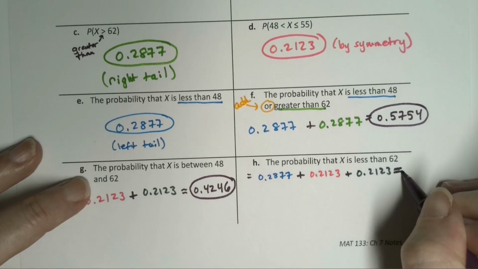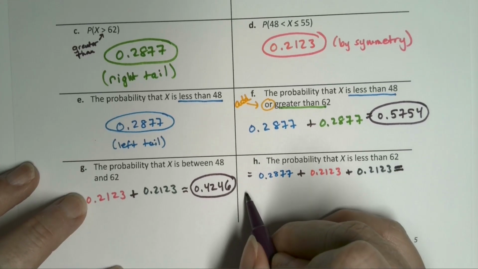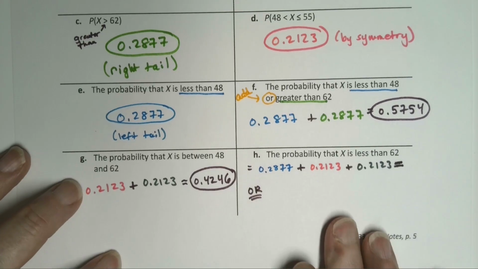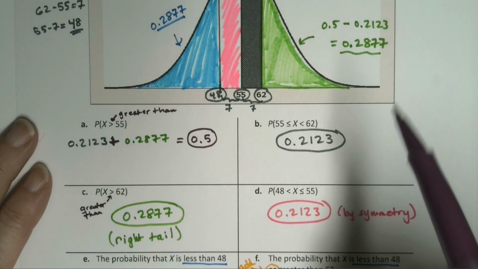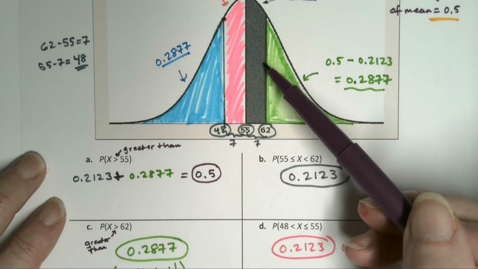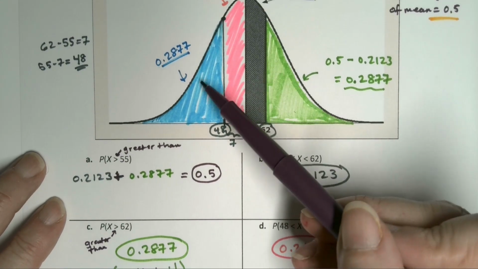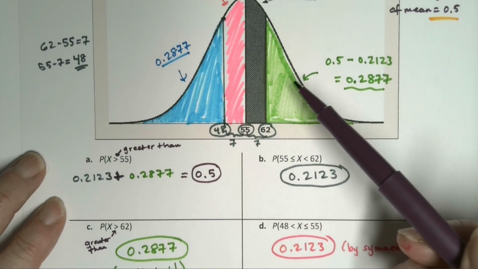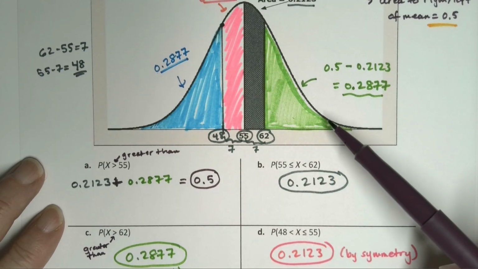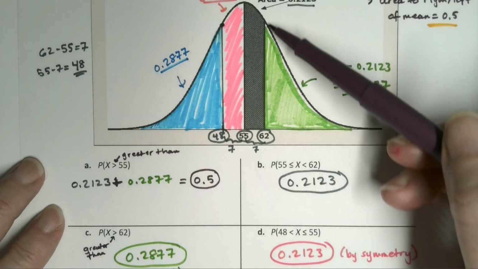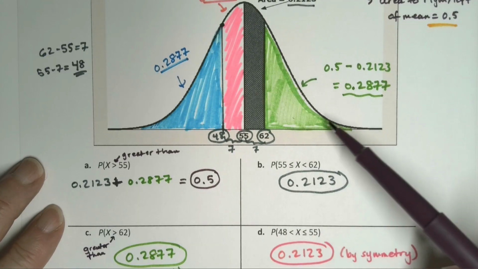Now there is another way. There's a cleverer way. So I'm just going to say or. And it's fine if you want to add them up, no problem. But what was the one section that wasn't in there, right? It was these three were being added up. So the only section not in there is this green one. And remember, the whole curve makes 1. So if we say 1 for the whole curve and I take away the green one, I would have the same answer.